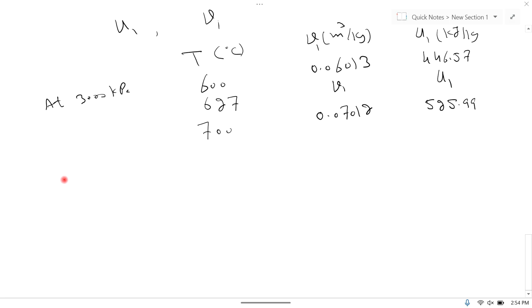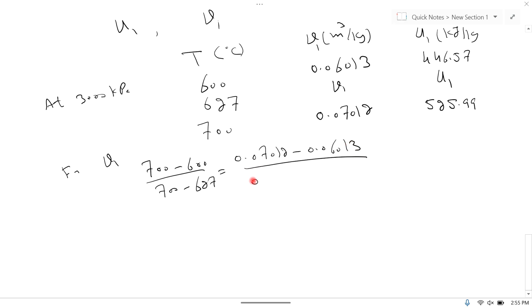So do interpolation. First interpolation for v1: third value minus first value divided by third value minus second value is equal to 0.07012 minus v1 divided by third value minus second value. So find v1 from this. So v1 is equal to 0.0628 meter cube per kg.